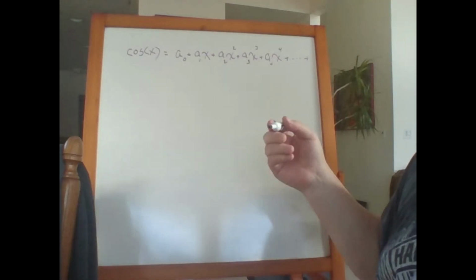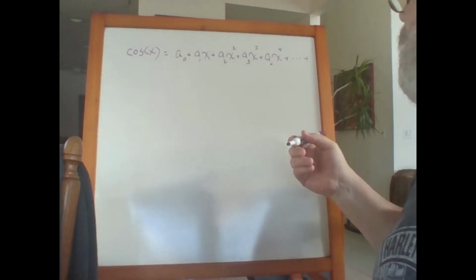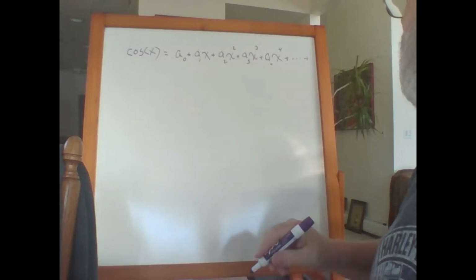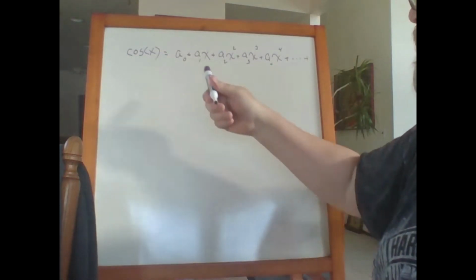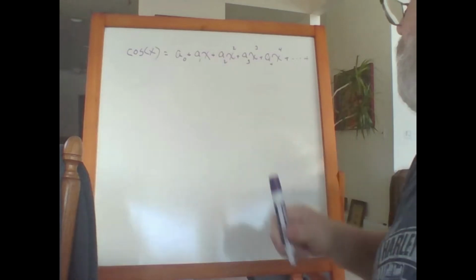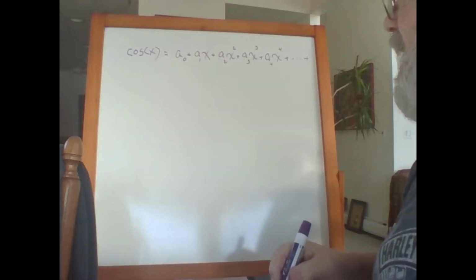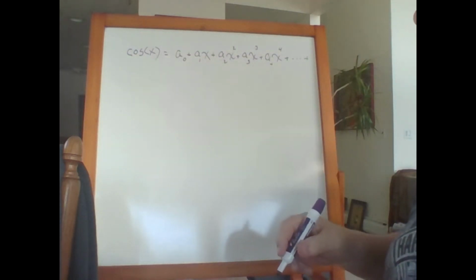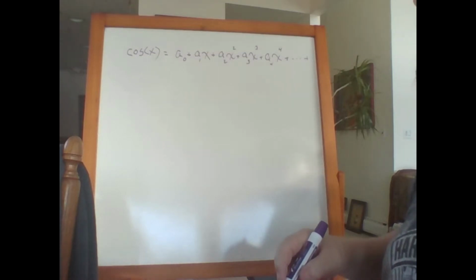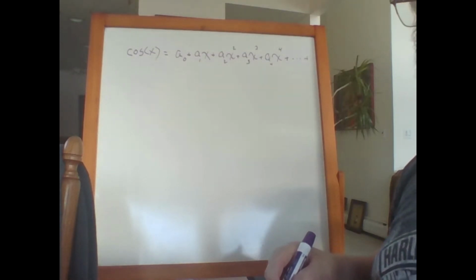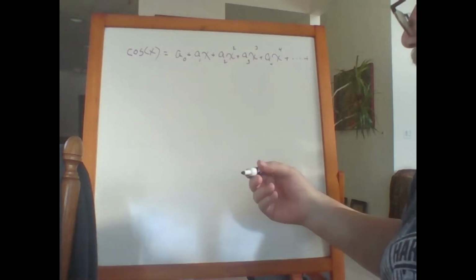But we don't need that many terms. All we need are enough or sufficient terms to be able to see the patterns that may arise as we take derivatives. So basically what we do is we take the derivative of both sides of the equation.